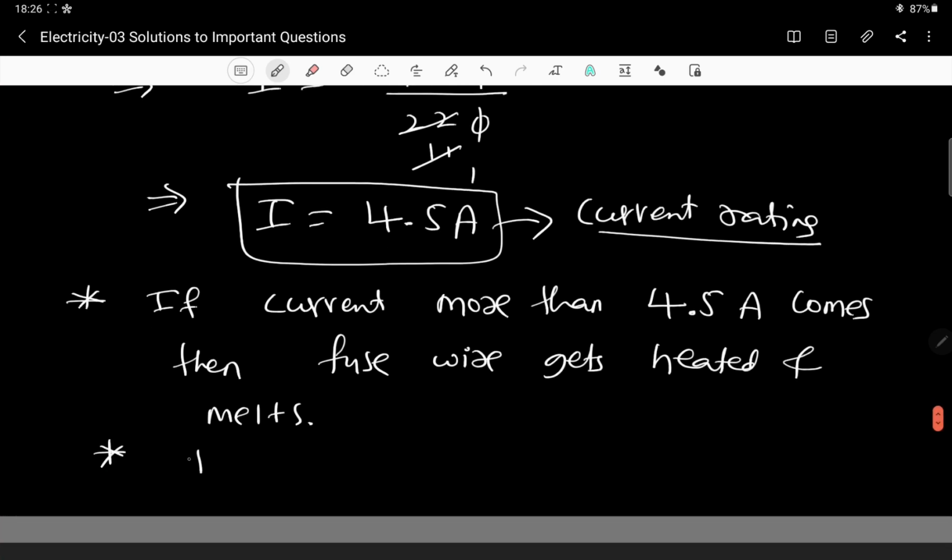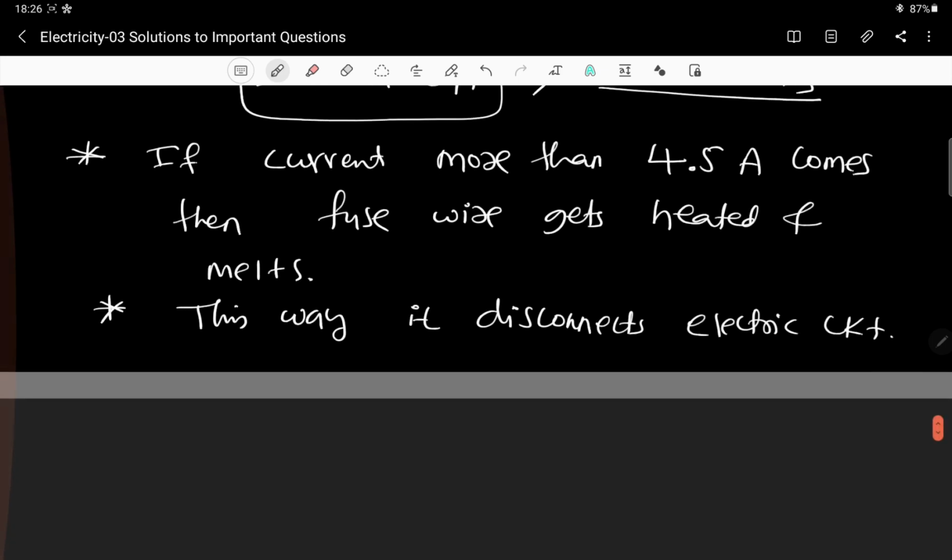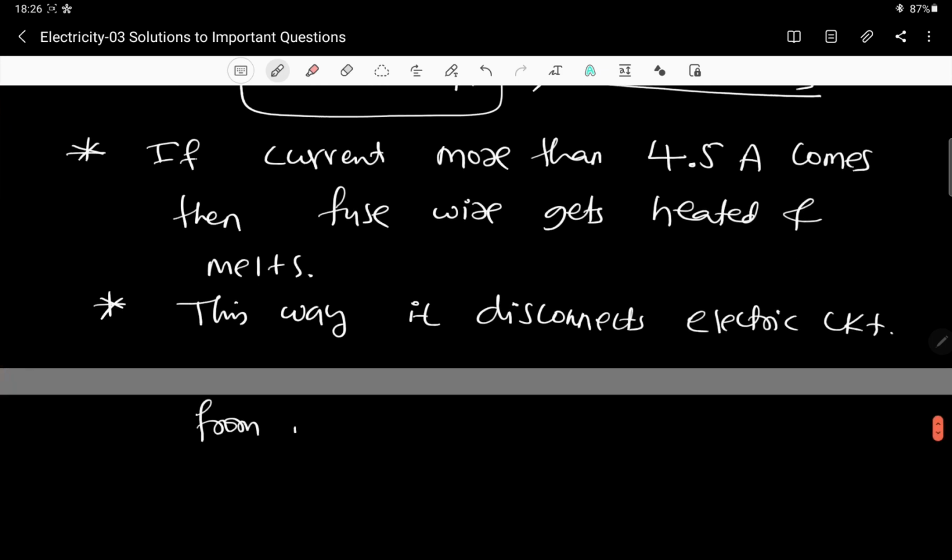This way it disconnects any electric circuit from the main supply to keep it safe.